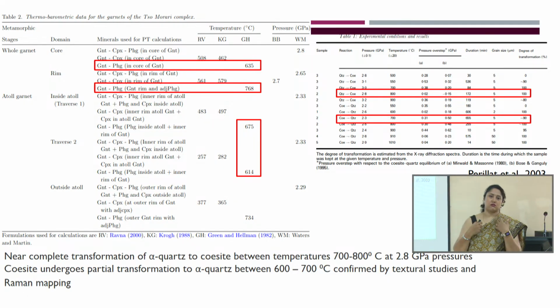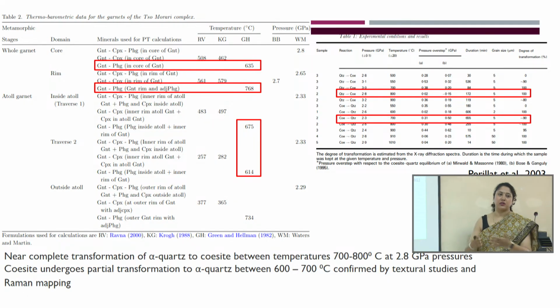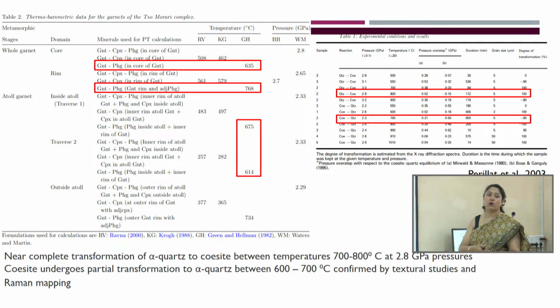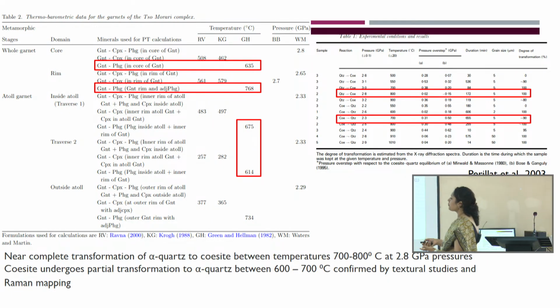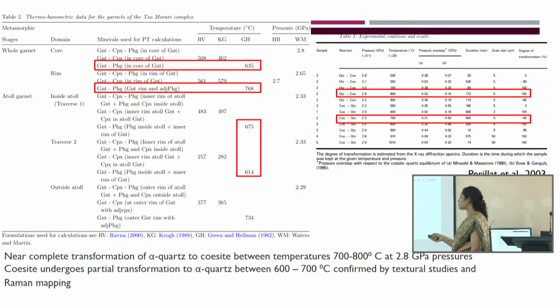Of course, there was no way to confirm it other than this. We had to use this data to make sense of what we were seeing in the coesite and quartz transformation. Near complete transformation of alpha quartz to coesite probably happens between temperatures of 700 to 800 degrees at 2.8 GPa pressures.